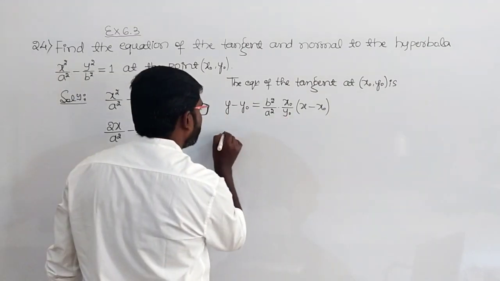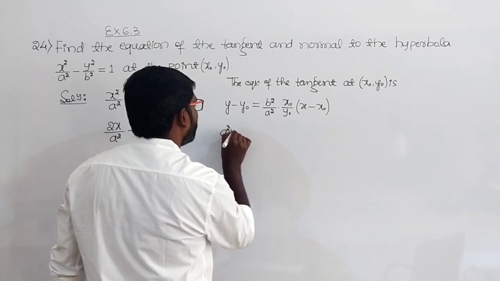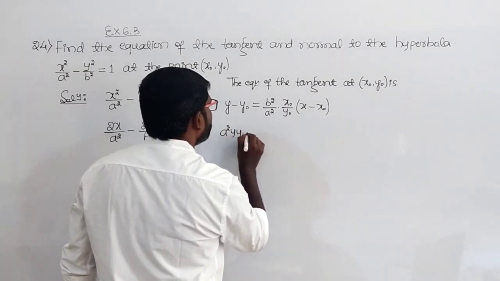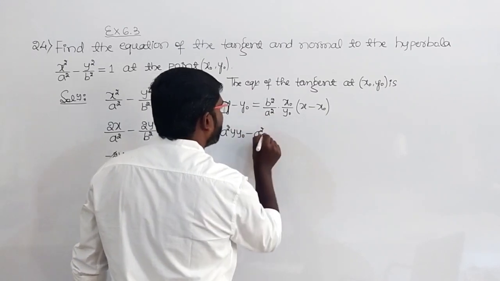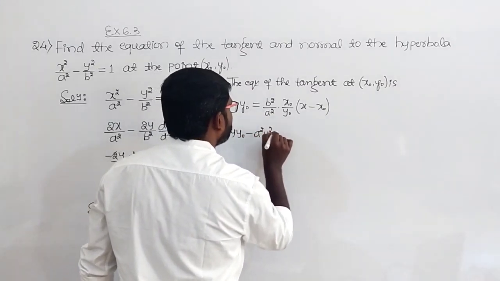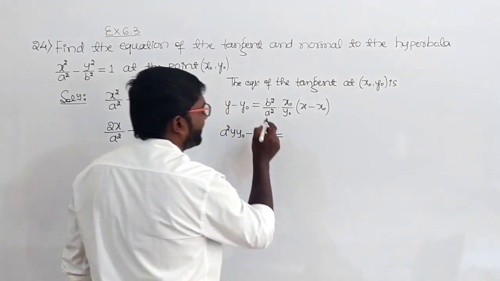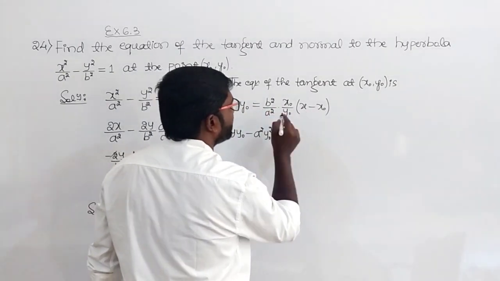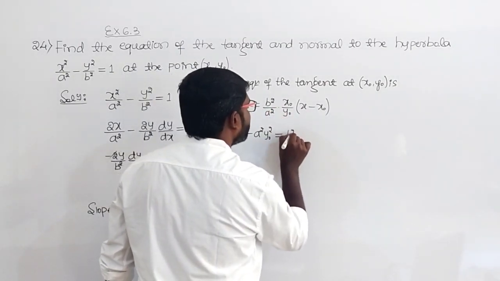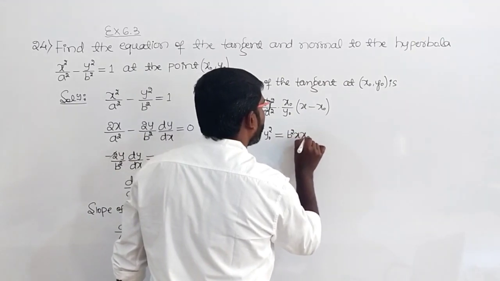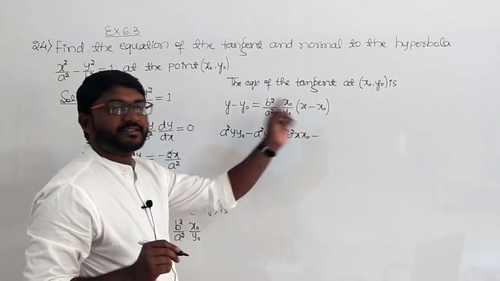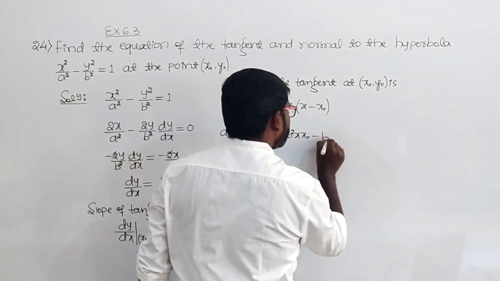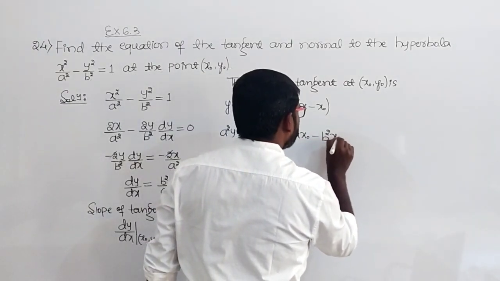So what do we have now, a square y into y naught minus a square y naught into y naught will be y naught square, which is equals to, so now multiply b square x naught with these two terms. So we get b square x naught into x minus b square x naught into x naught will be x naught square, b square x naught square.